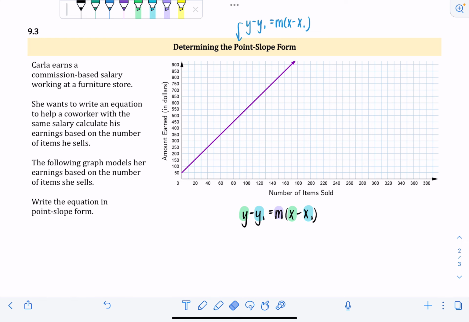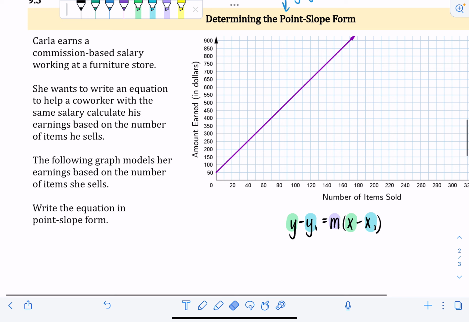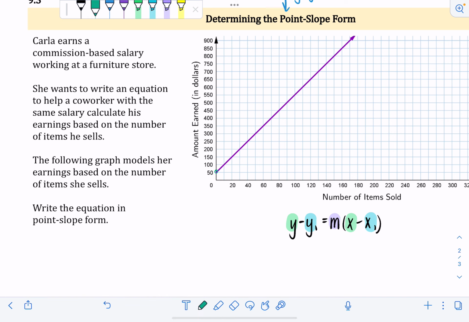So I just need to pick 2 points on the graph. So let's say this one right here, and then this one right here. To find m, we're finding rise over run. So to get from one point to the other, I'm going up from 50 to 150.